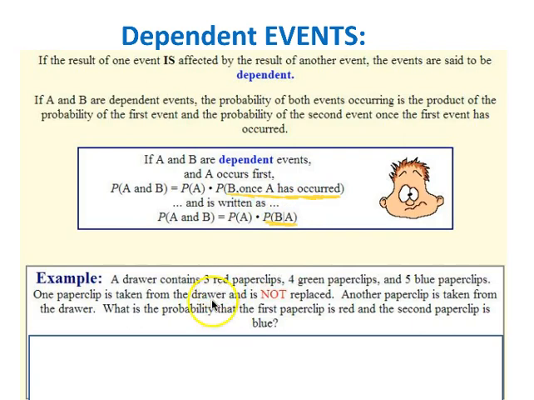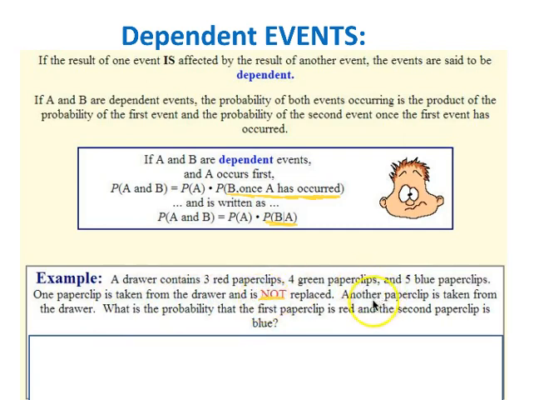So let's go ahead and apply this to an example, because we know things always make a lot more sense once we see it in an example. We've got the same drawer that we just found the independent probability of. We've got 3 red paper clips, 4 green, and 5 blue paper clips. One paper clip is taken out of the drawer and then it's not replaced.